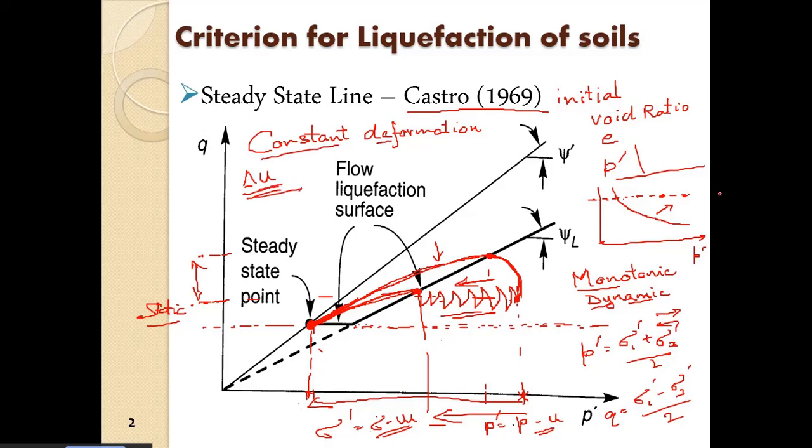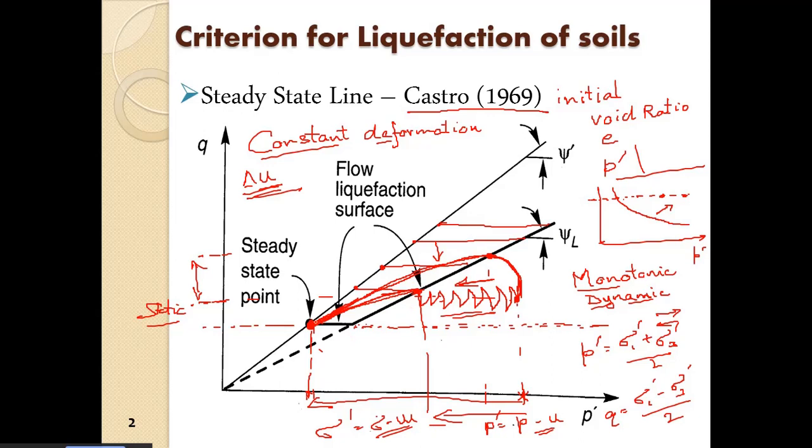So for initial void ratios, all right, and different confinements, the steady state point will be at various positions on this critical state line over here, and we will have different ranges of stress condition where flow liquefaction will be initiated.